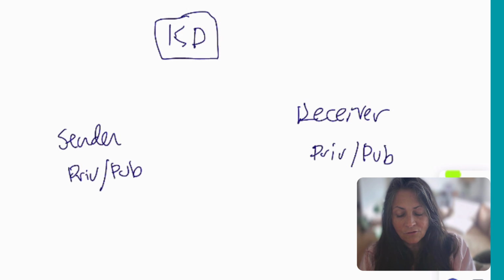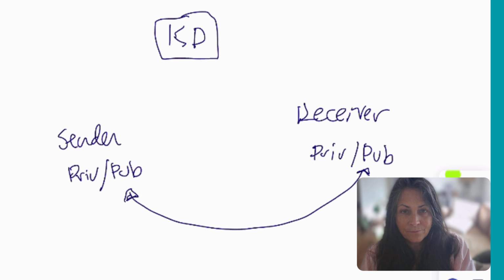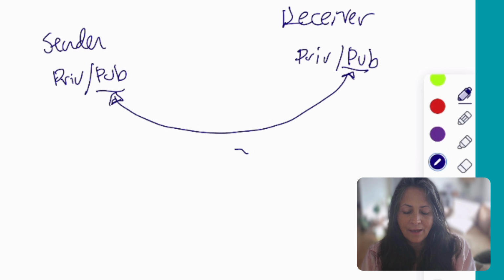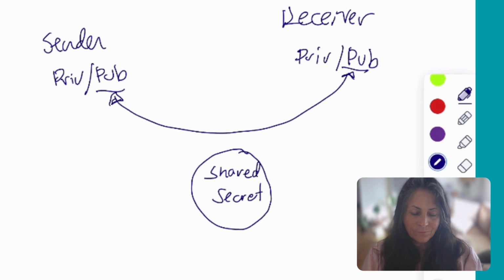They exchange each other's public key, never private, and they do that ECDH thing, and they derive a shared secret. That shared secret is called an EC point.